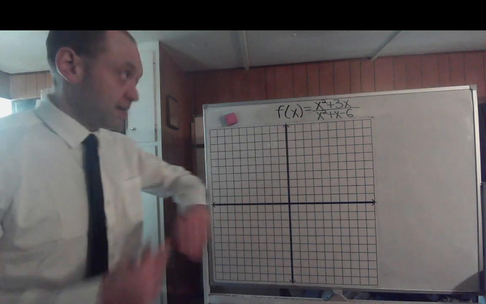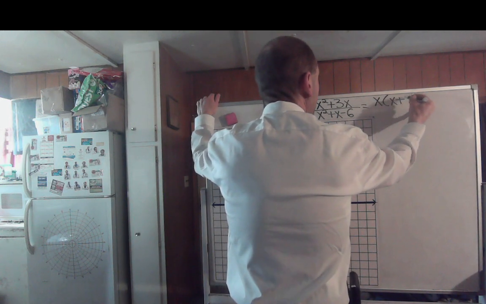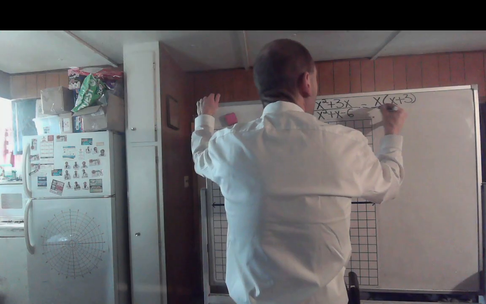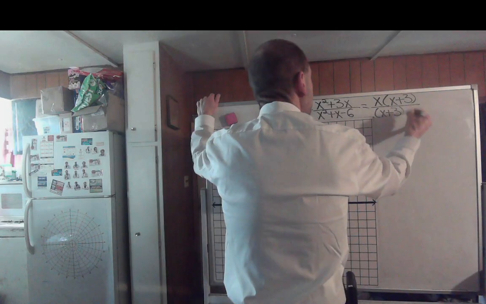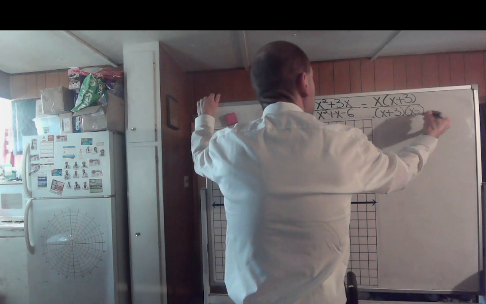But you can factor this. Let's just factor both the numerator and denominator. This would turn into x times x plus 3 all over x plus 3 times x minus 2. This is just the factored form of the original.